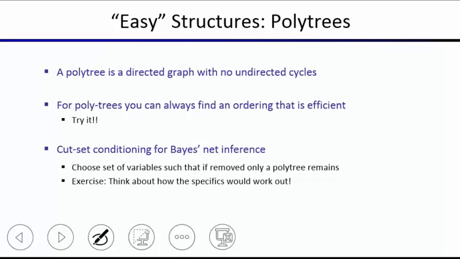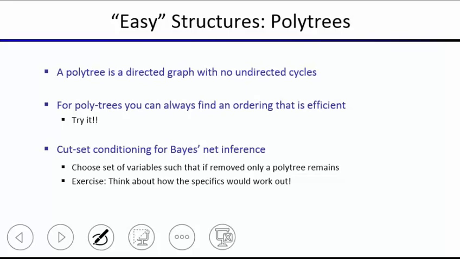Then once it's instantiated a variable, you can effectively remove it from the Bayes net because you can now, at least in a careful way, make sure that you only retain entries consistent with that instantiation, which will shrink some CPTs, will get rid of some edges. If you do this carefully, and it's not super straightforward, you can get rid of edges that introduce cycles, and now you're left with a polytree.